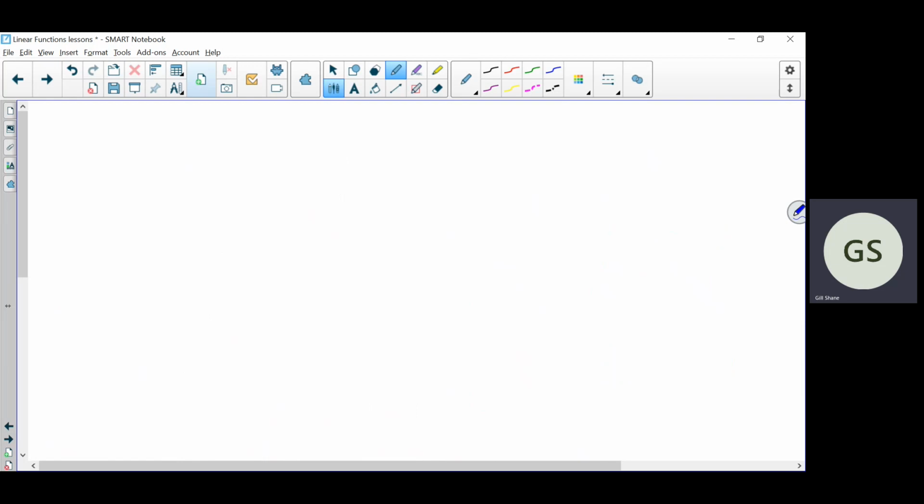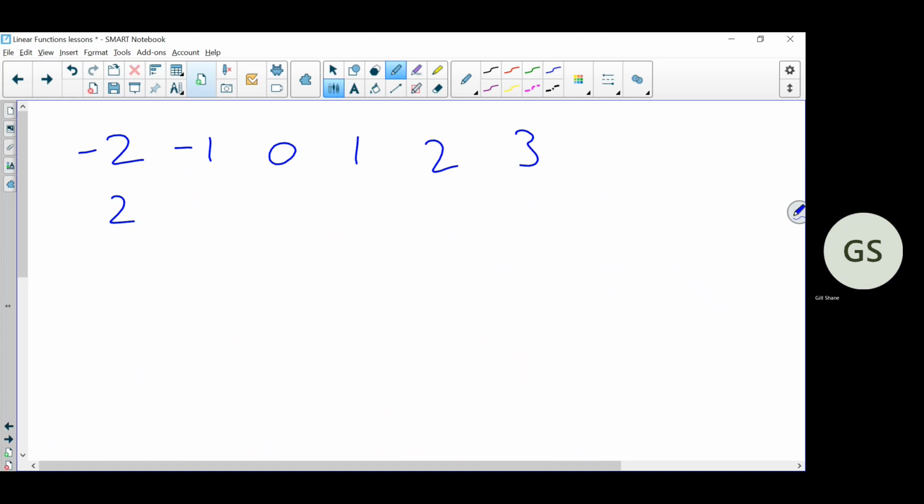So here's what the table would look like if I added some missing values. X is -2, y is 2. Then we want to go up by 1, so -1, 0, 1, 2, 3.